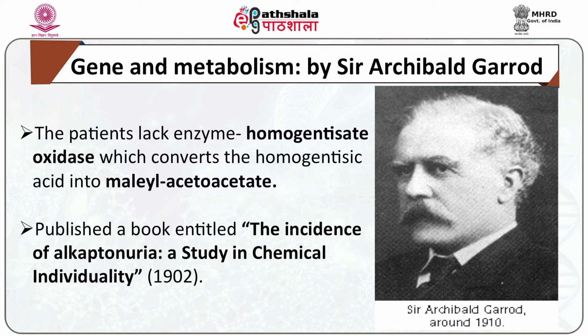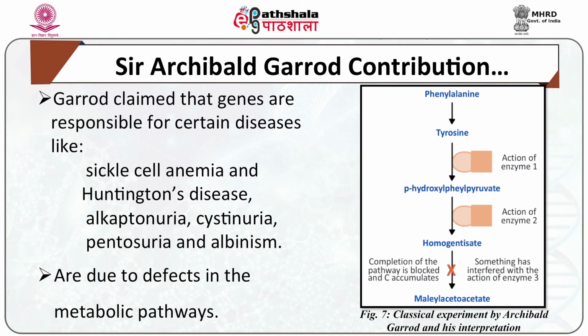Individuality in 1900, and stated the link between genetics and the metabolic pathway. Garrod said that genes are responsible for certain diseases; conditions like alkaptonuria, cystinuria, pentosuria, and albinism are due to defects in the metabolic pathway.